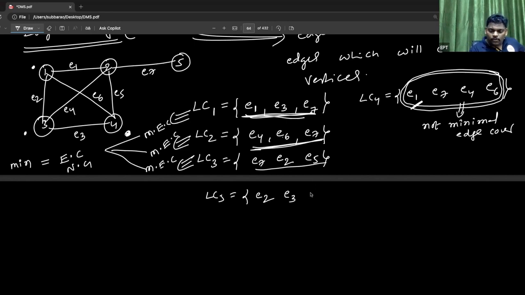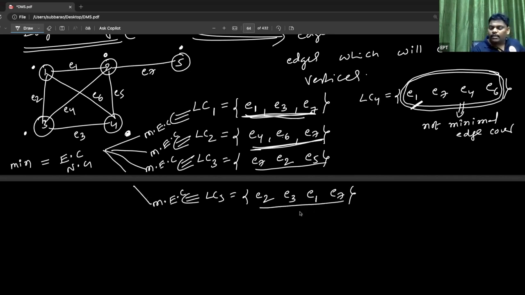Next, E1, this is also covered. Next, E7, this is covered. Is it okay? So remember, this is also a minimal edge cover, because if you delete any edge, it no longer satisfies.